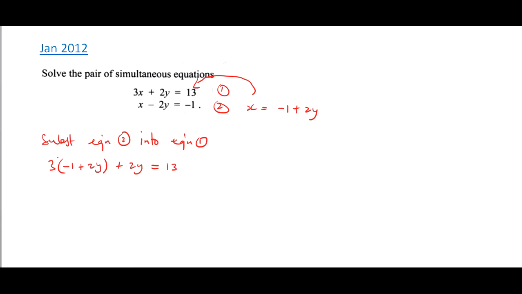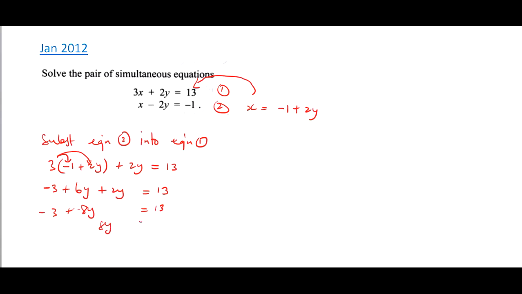So removing the brackets, it's 3 by minus 1, which will give me minus 3, and then 3 by 2y will give me 6y, plus 2y is equal to 13. So 6y plus 2y gives me 8y. So it's minus 3 plus 8y equals 13.